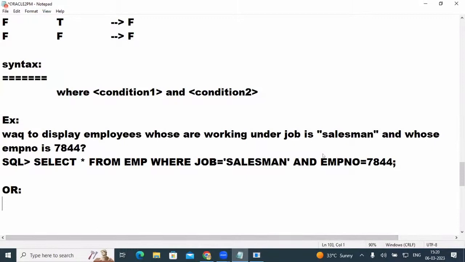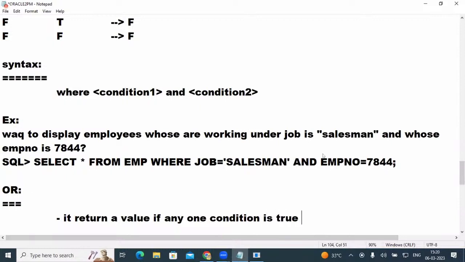Next, the OR operator. What does the OR operator say? It returns a value if any one condition is true. Understand, na?